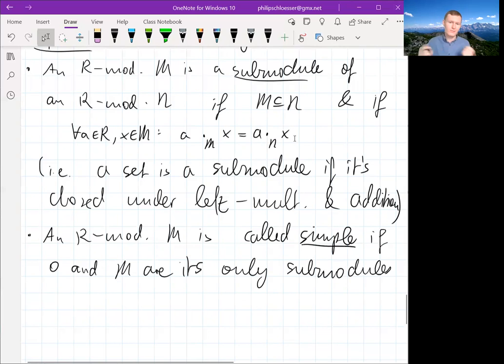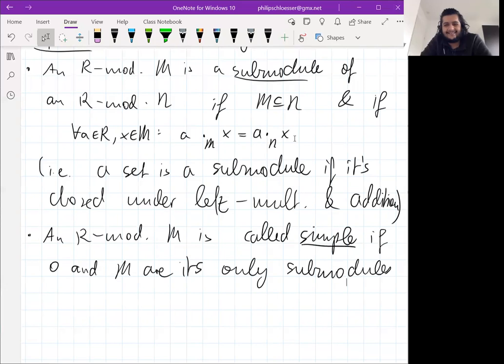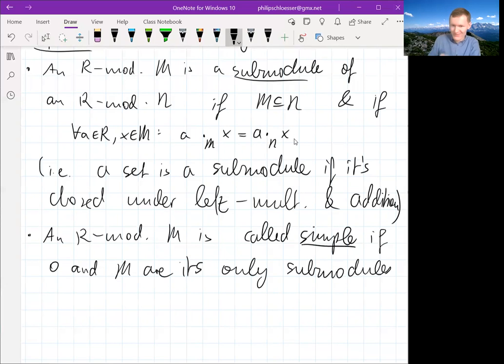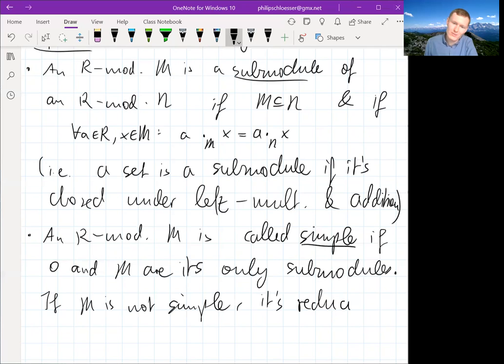So you mean irreducible, right? Yes, exactly the same notion. If M is not simple, it's called reducible.